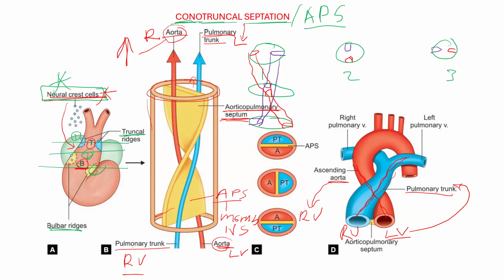And the right ventricle hypertrophy is due to the fact that because the pulmonary trunk is stenotic, the right ventricle faces a lot of resistance. So as a compensatory mechanism to overcome this resistance of pumping blood to a stenotic pulmonary trunk, the right ventricle hypertrophies, becomes big in size.